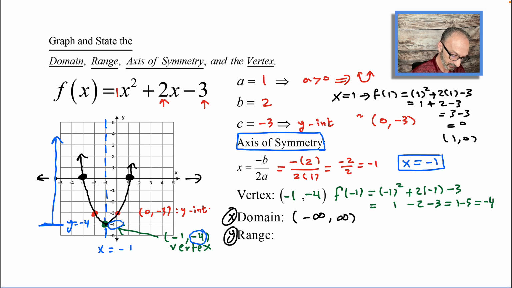So we go from -4 all the way up to positive infinity, and that positive infinity is what we refer to as up here, going up to positive infinity. And that should do it.